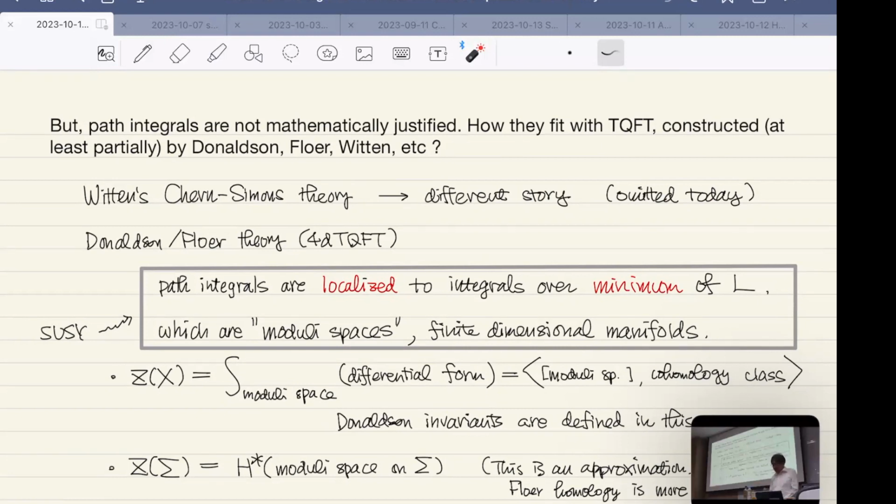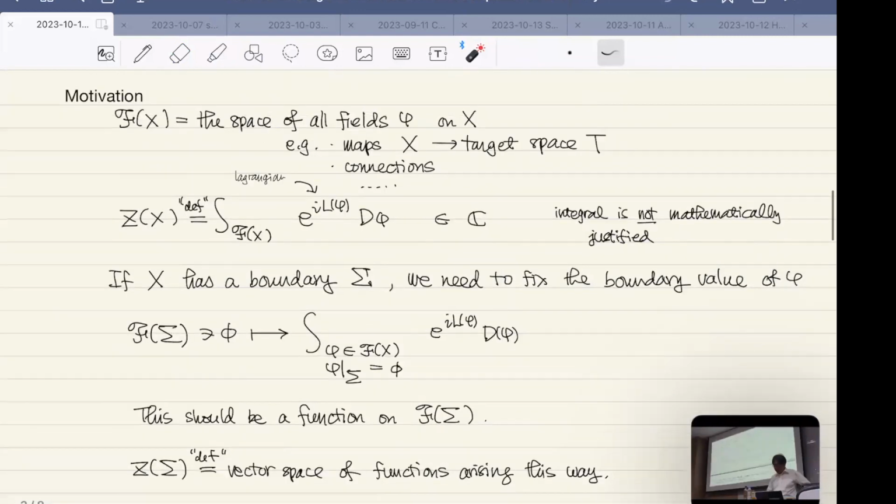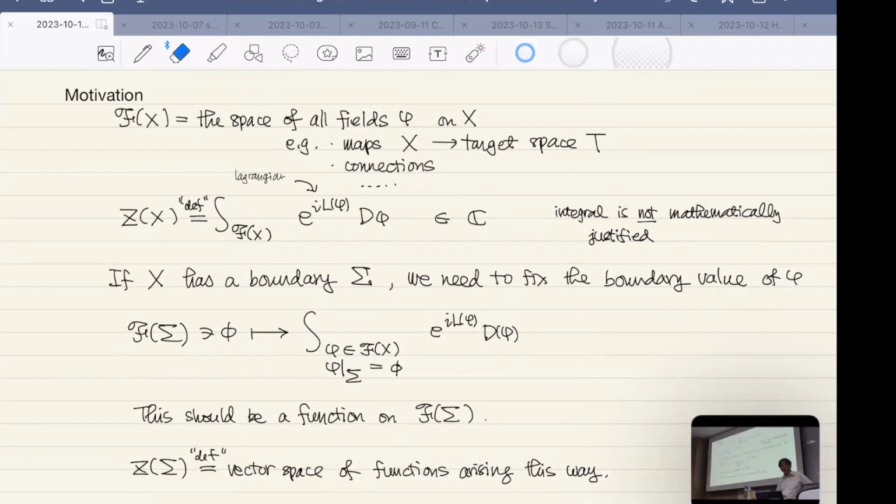Those works motivated Atiyah and Segal to introduce this concept of topological quantum field theory. So somehow it means there are mathematical examples which justify this heuristic quantum field theory definition of Z of X and Z of Sigma.